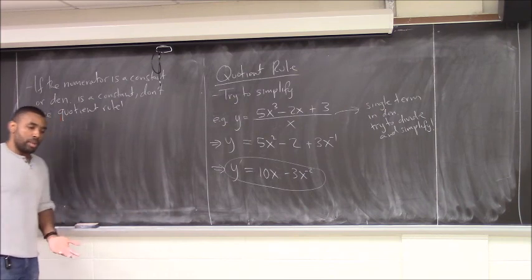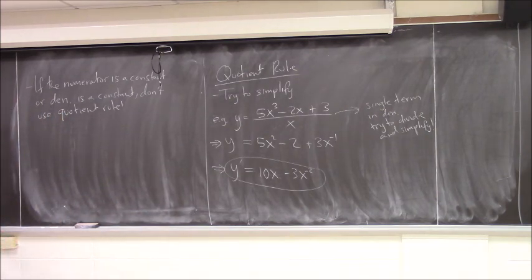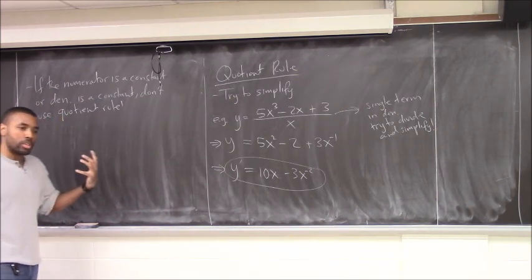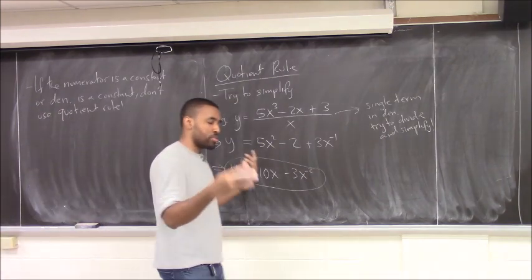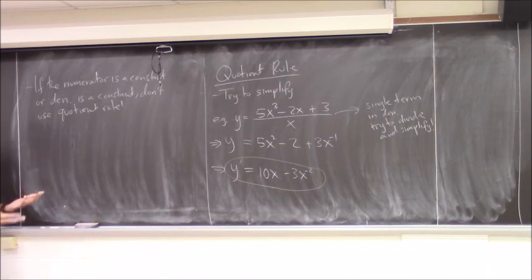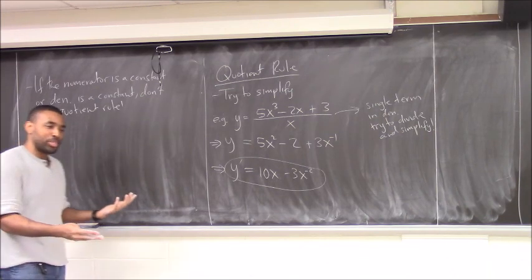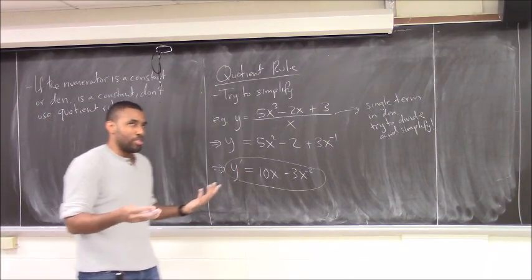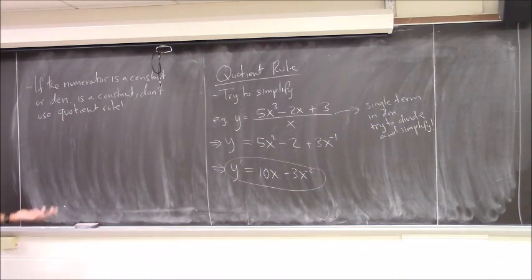Honestly, it's a waste of time, and I've seen students make silly mistakes here. While doing the quotient rule, it's very common for students to forget that the derivative of a constant is 0. I don't know why they do this, but I see it all the time. They forget that the derivative of the numerator is going to be 0 because it's a constant. They forget that for some reason.